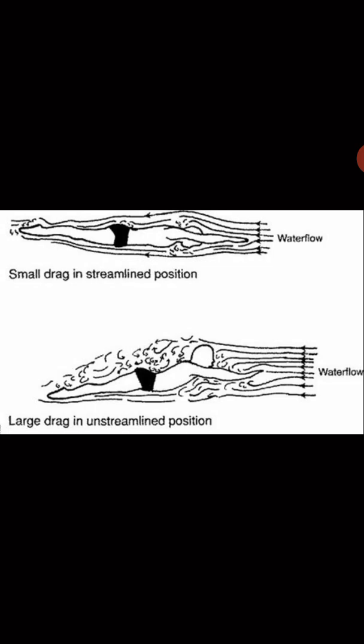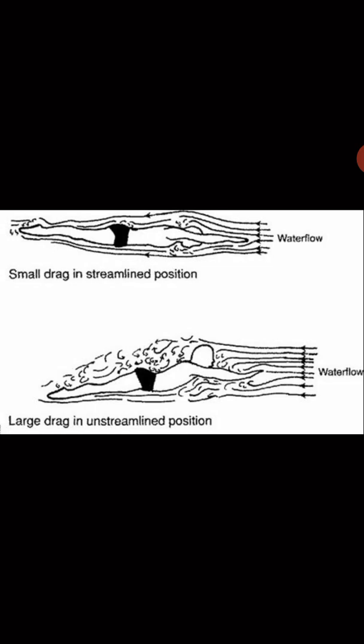So as to reduce air resistance, streamlining is done. While swimming, a streamlined position can be taken. Because of the streamlined position, the water resistance will decrease. And if water resistance decreases, the person's speed can increase.